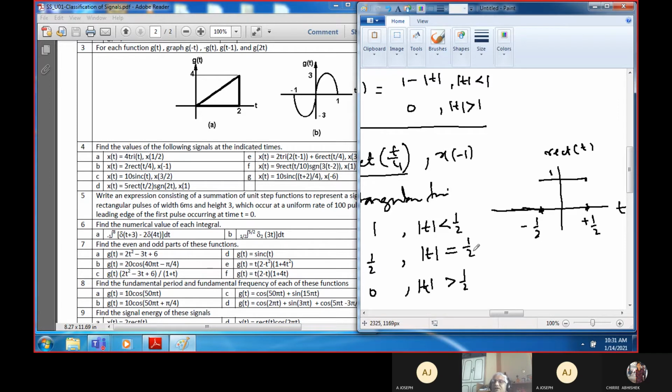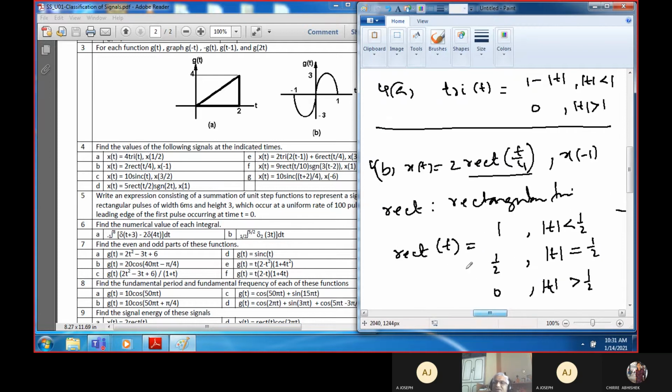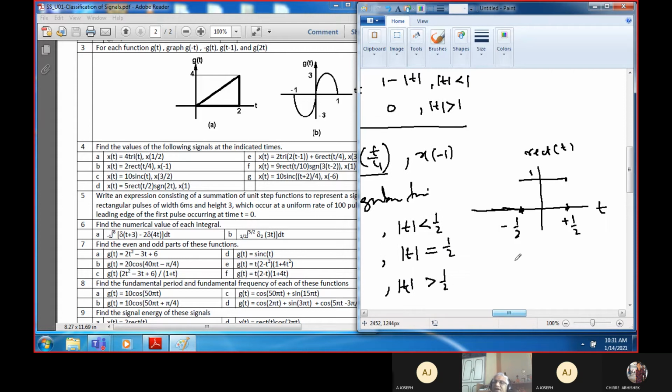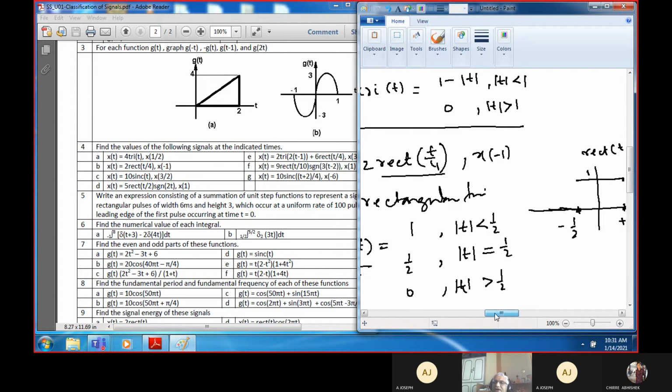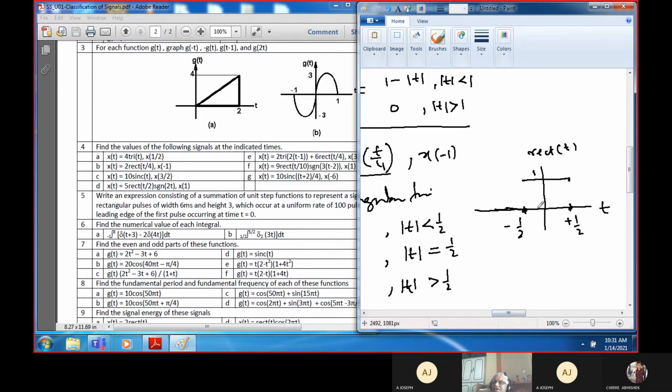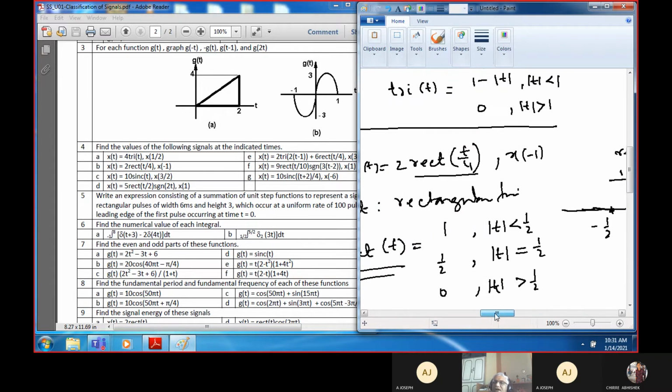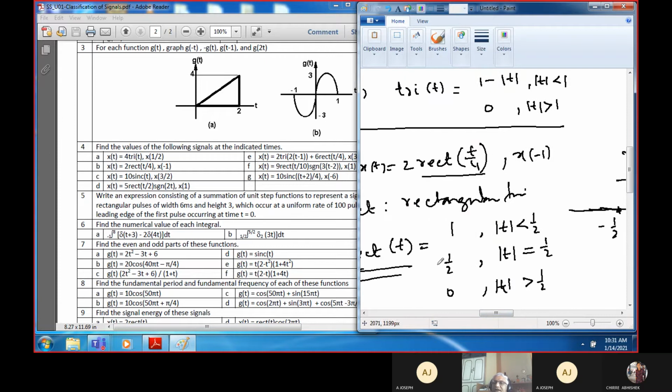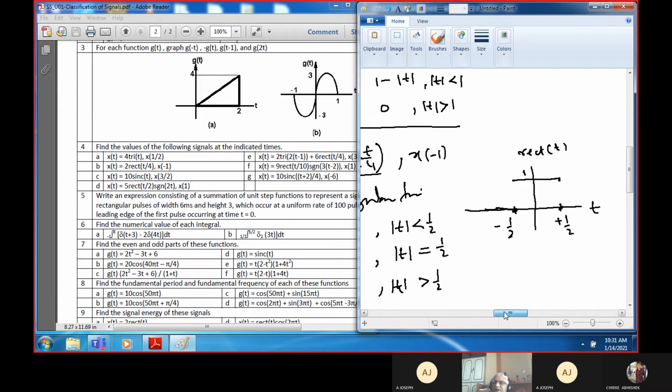At t equal to half, plus or minus? According to the definition of the rectangular function, this is very important here. Although it looks as if it is suddenly changing, at t equal to plus or minus half, what value we have to take? We have to take plus 1 by 2.